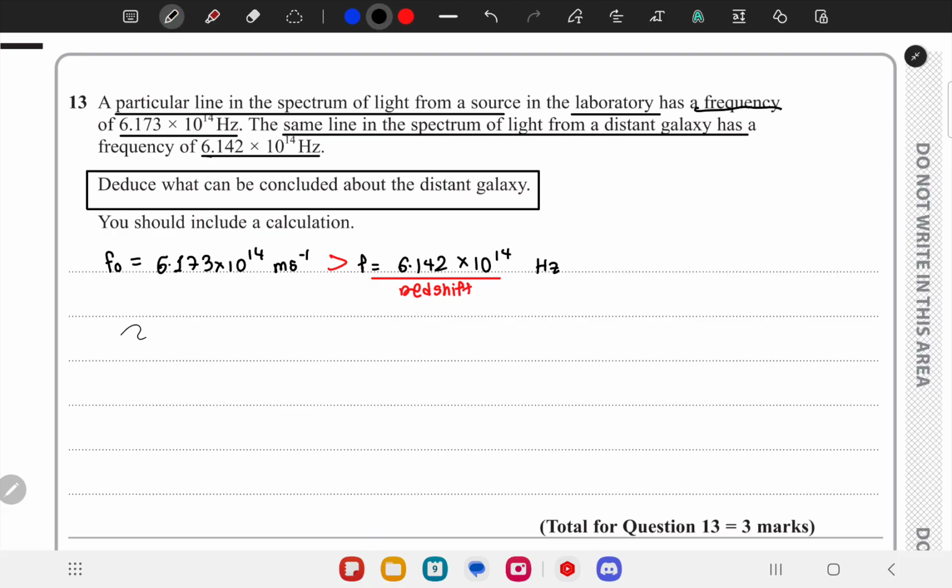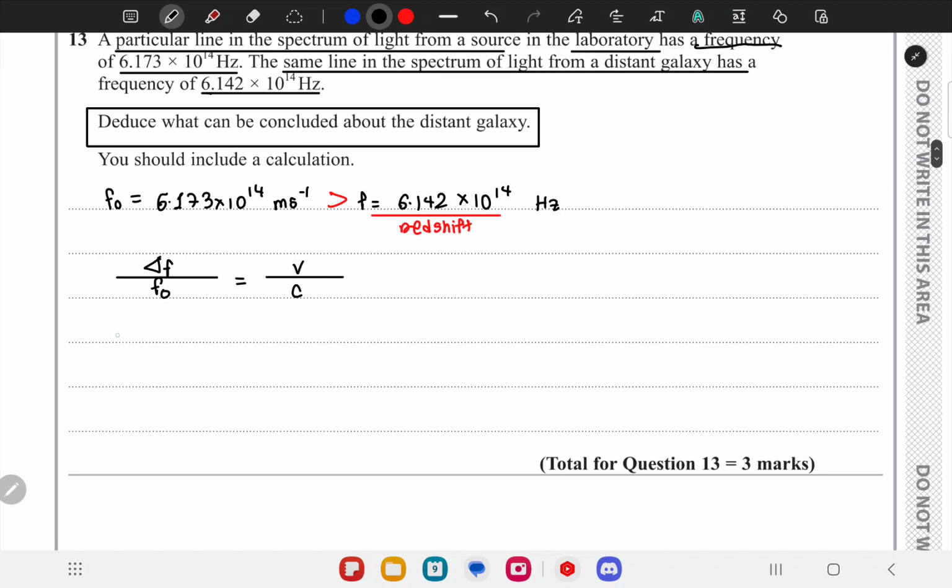So the change in frequency by the original frequency will be equal to the velocity of recession divided by the speed of light.